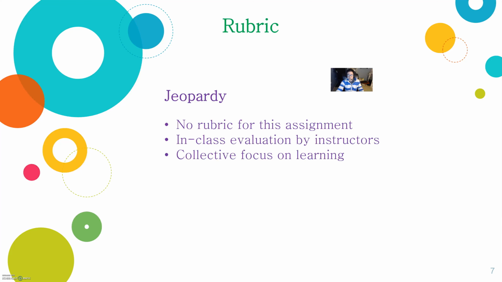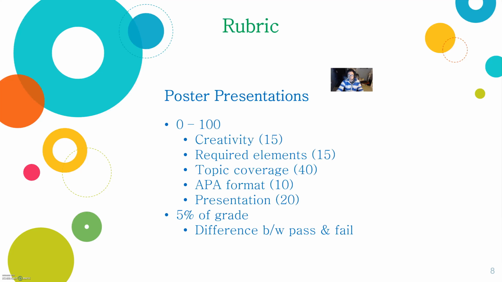And then the rubric, there's no rubric for the Jeopardy assignment. It's more of an in-class evaluation for the educator to use to see how the students are doing with the material. And it's just a collective focus on learning rather than a graded structure. However, the poster presentations will have a rubric. So it's going to be a 0 to 100 rubric, pretty standard.